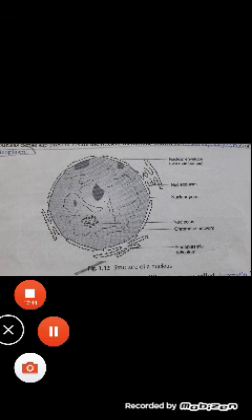So, dear students, we have today discussed thoroughly about the nucleus, its structure, and the inner constituents of the nucleus also in detail.